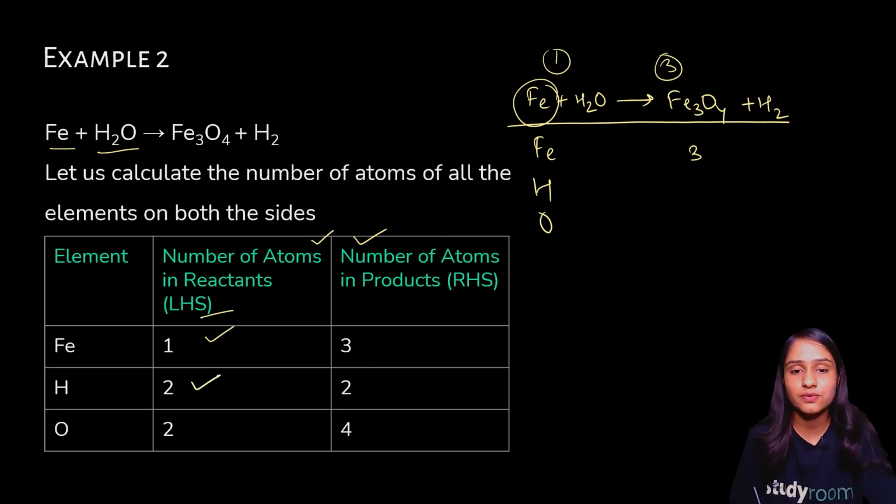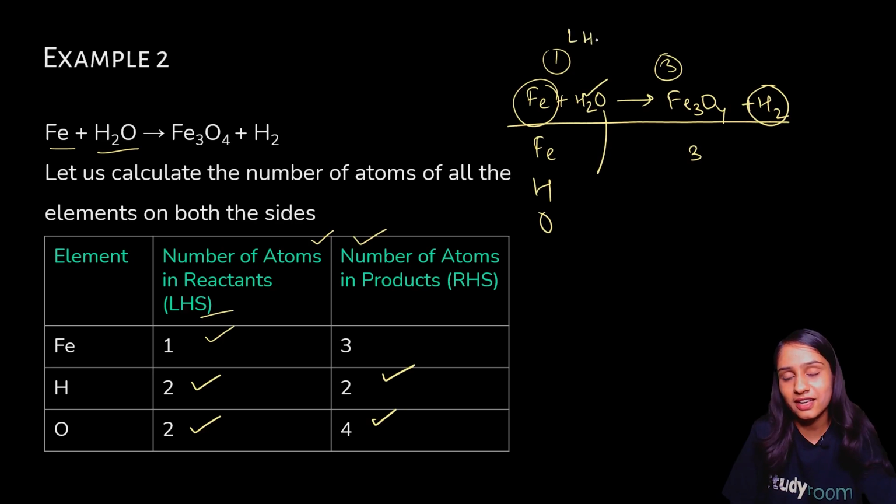Then in H, here 2 atoms of hydrogen, here 2 atoms of hydrogen. So we need not change it, but we will see in future whether we have to change it or not. Okay, so H2O, right?